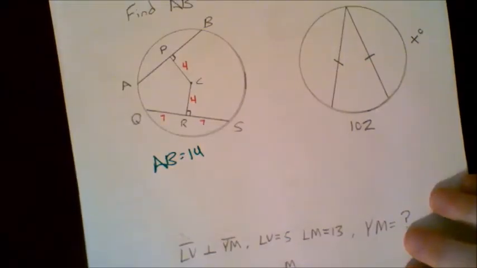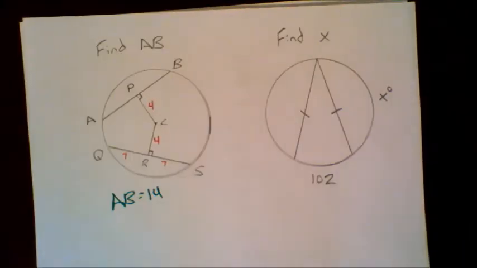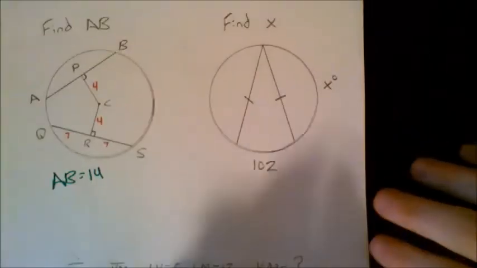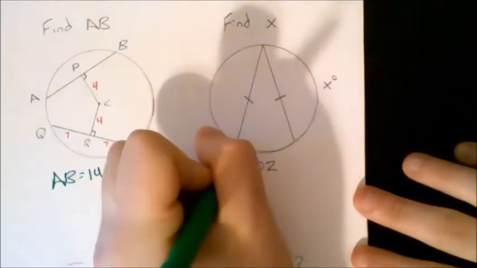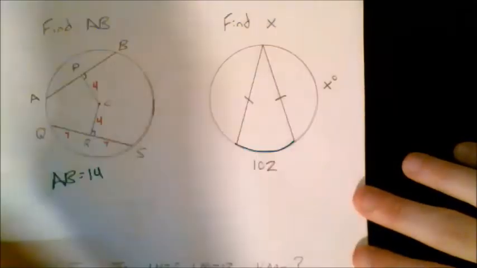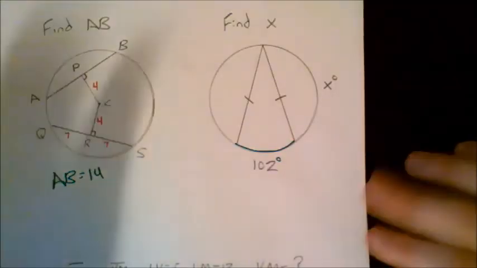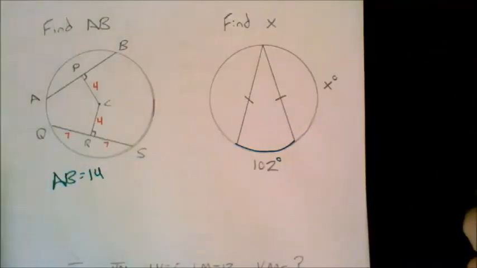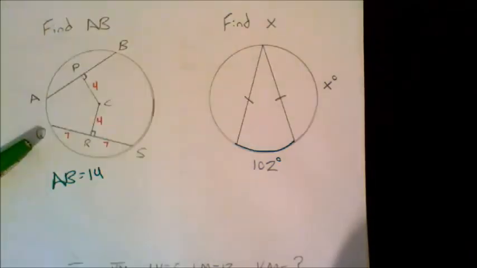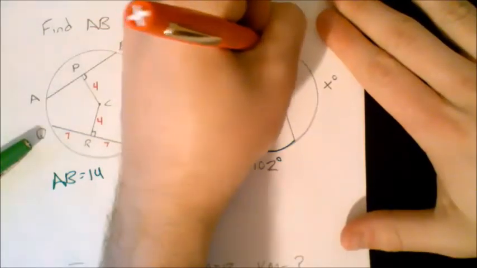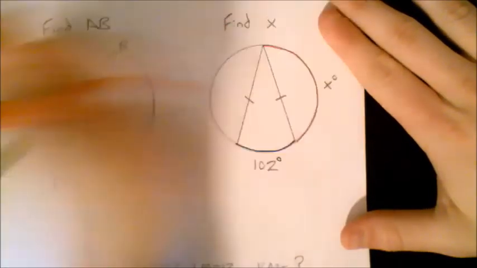Now the next one, they want us to find x. We have that this arc right here is 102 degrees. Since we have congruent chords, congruent chords give us congruent arcs.